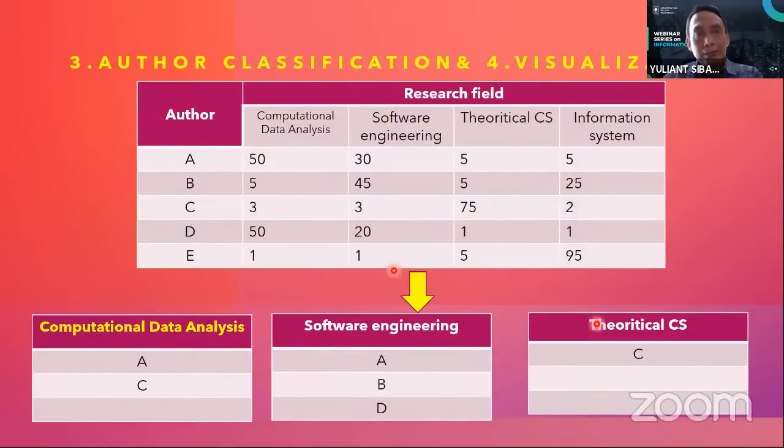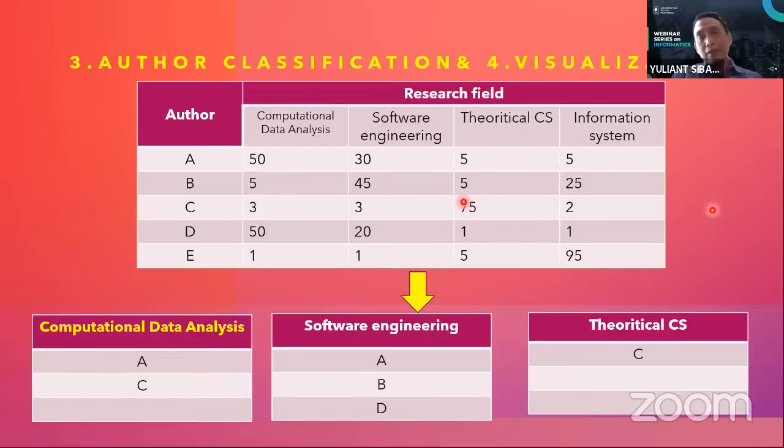And finally, the process is author classification and visualization. For the example, in this case, this is the illustration about the number of publications of each author. For example, there are 5 authors, A, B, C, D, E, and this is the field that we want.